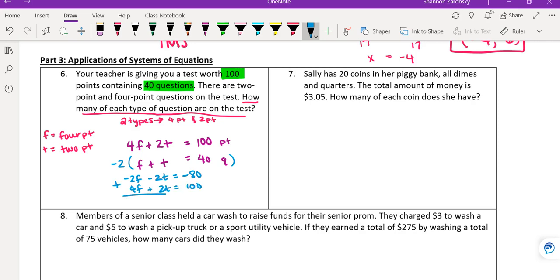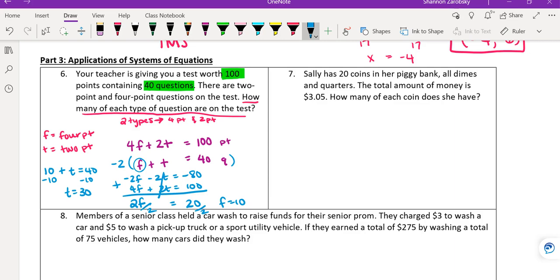And if I add those 2 equations together, I get 2F, that eliminates T, is equal to 20, which means that F, if I divide by 2, is equal to 10. So if there are 10 4-point questions, I'm subbing it in here, F plus T is equal to 40. That means if I subtract 10, there are 30 2-point questions.